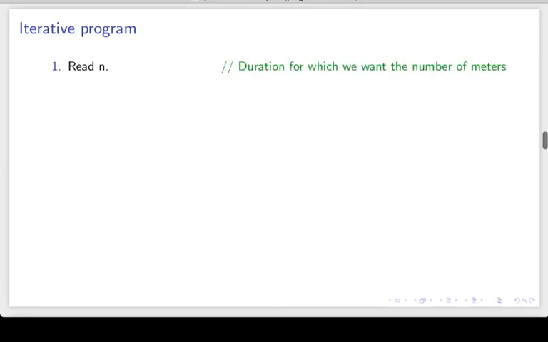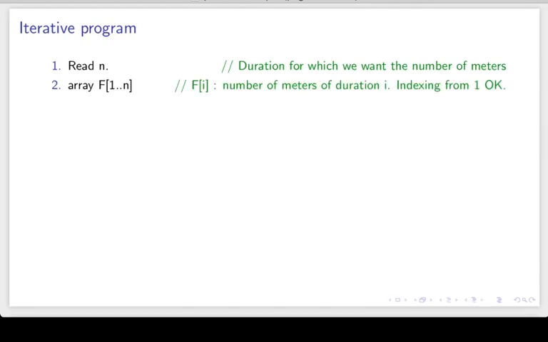First we'll read n, the duration we want for the meters. So we want to count meters of duration n. N is what we have been calling d so far. This is a statement which says that I'm going to use an array f with indices 1 through n. What is f of i going to be used for?